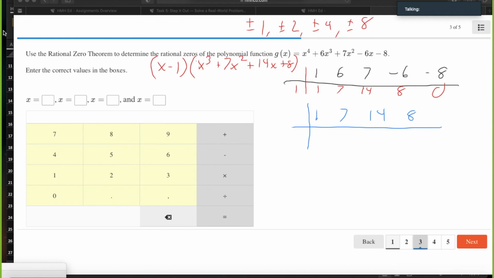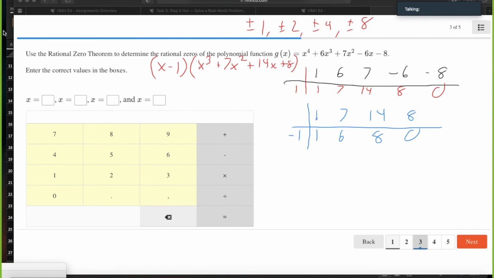So let's try, I don't know, do you want to go to the negative side or the positive side? Let's try -1. So -1, so 1 comes down, -1 plus 7, 6, 6 times -1, -6, so that's going to be 8, -8. Oh, so got lucky.